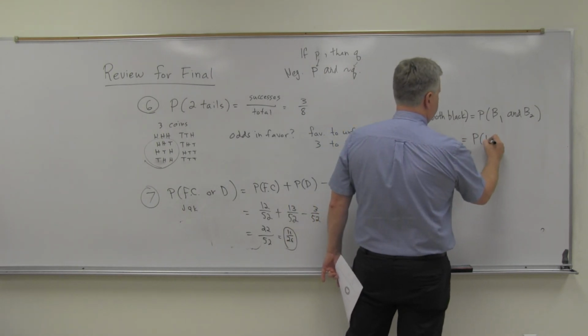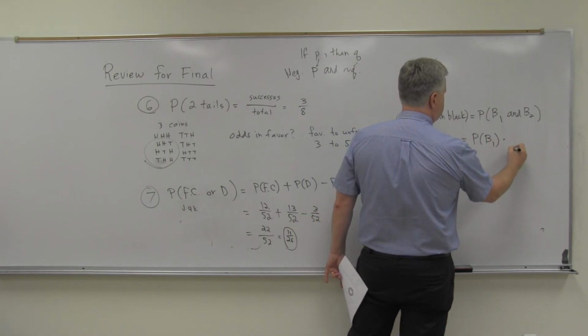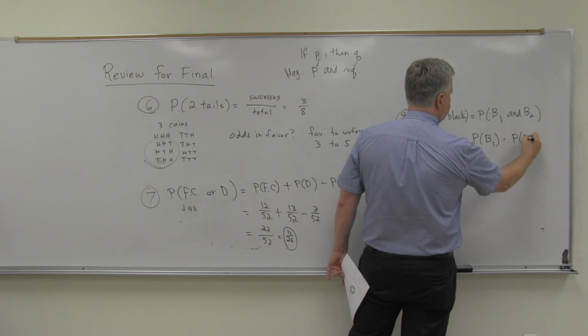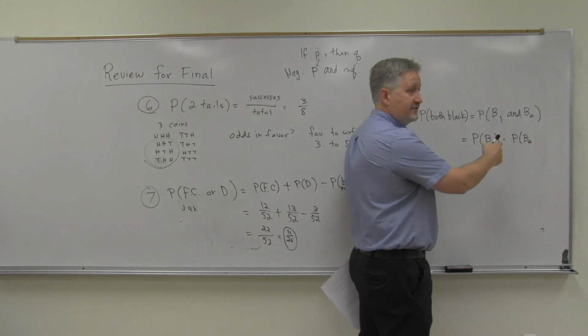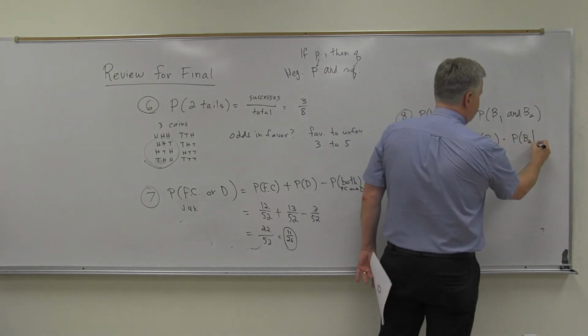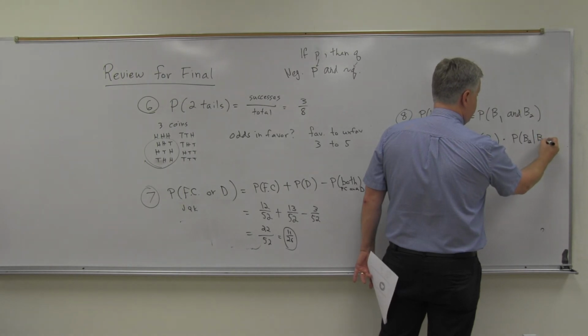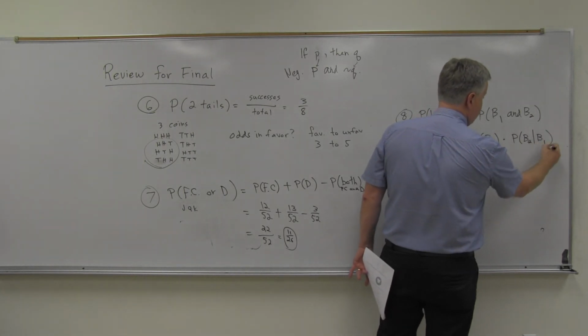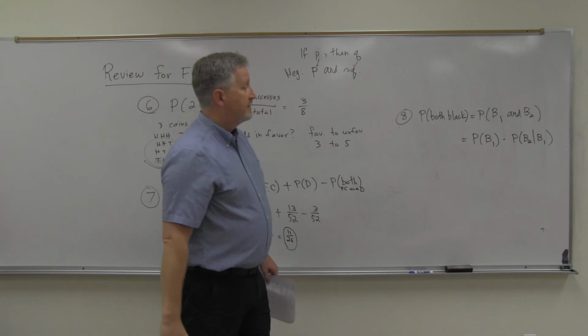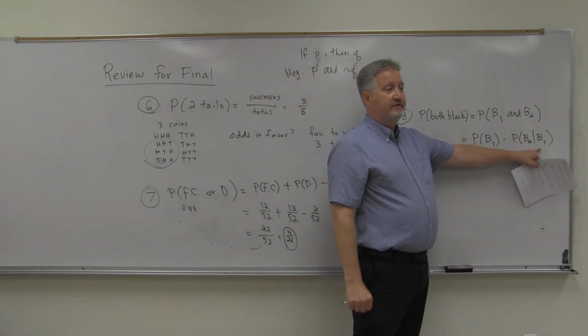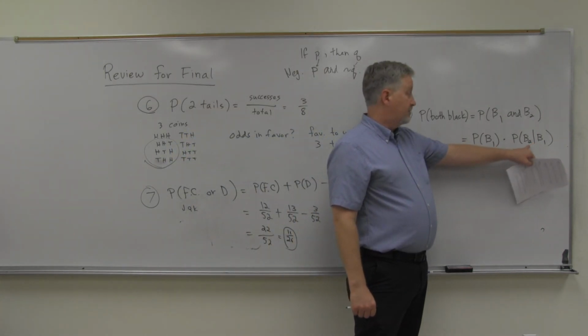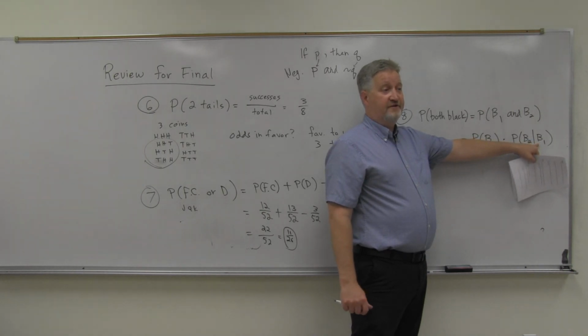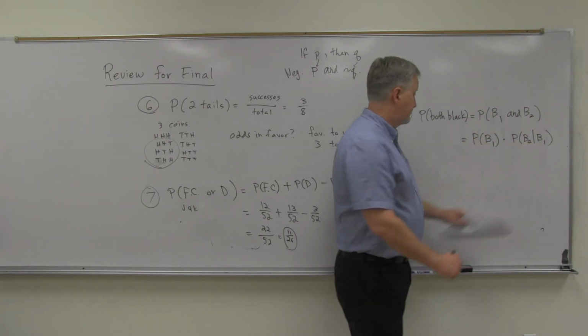So we do the probability that it's black on the first times the probability that it's black on the second. However, there's a little condition. The second one's conditional, in that you do the black on the second given that black on the first happened. So we'll talk about that.